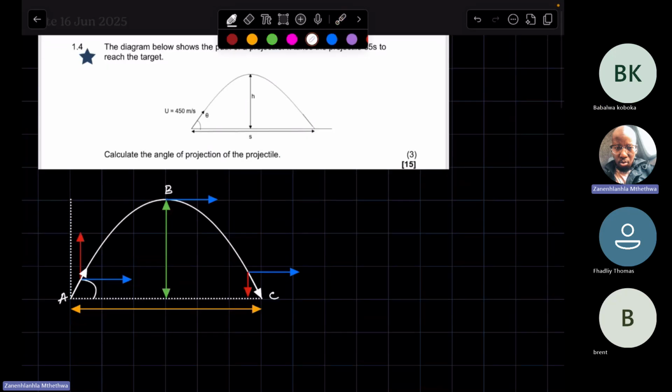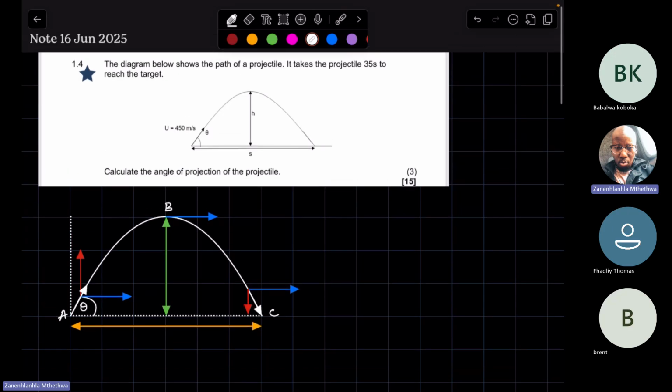Calculate the angle of projection. So they are looking for the angle at which this object was projected, the angle theta. This represents the initial velocity, 450.